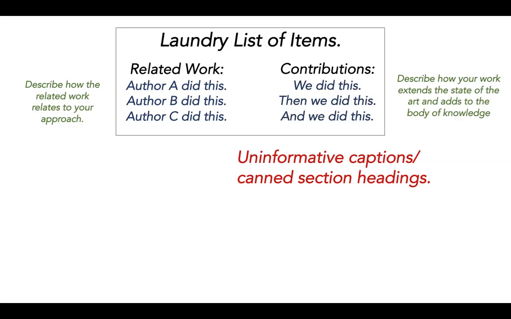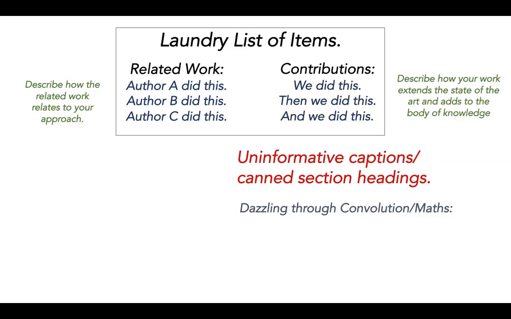So many people don't look beyond this, and this actually hurts the communication, because by using the right caption, the right heading, you can actually convey a lot. So this is a mistake that many people make.